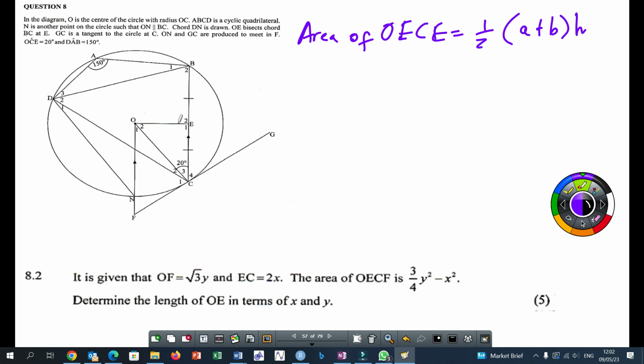So in this case, we know that the height has to be perpendicular to both opposite sides that are parallel.